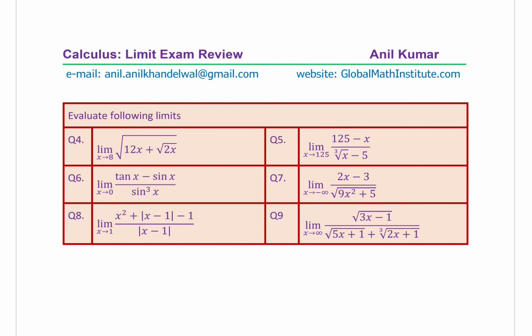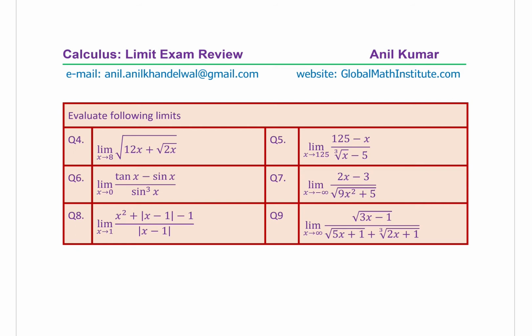Question number 7. Limit of 2x minus 3 divided by square root of 9x squared plus 5 when x is approaching minus infinity. Question number 8. Limit of x squared plus absolute value of x minus 1 divided by absolute value of x minus 1 when x approaches 1.